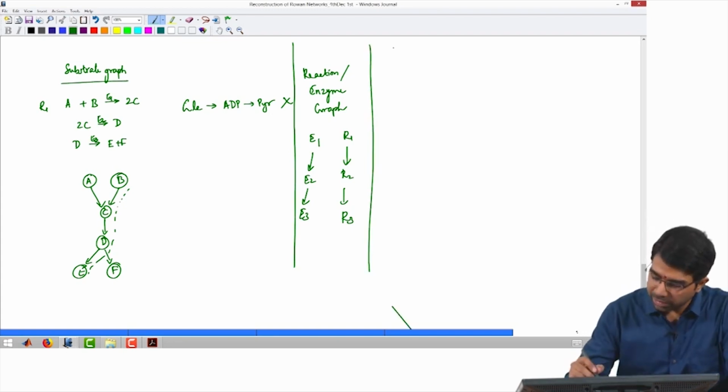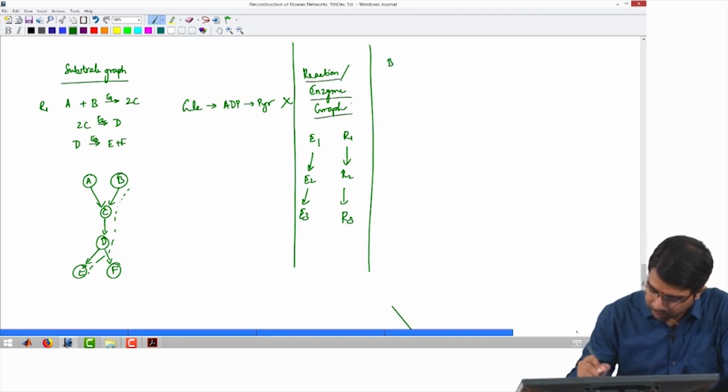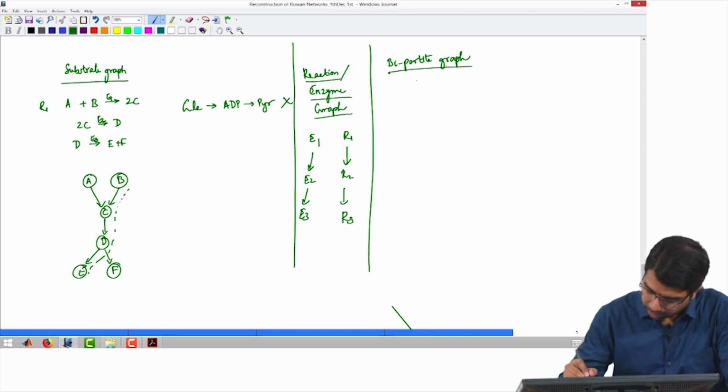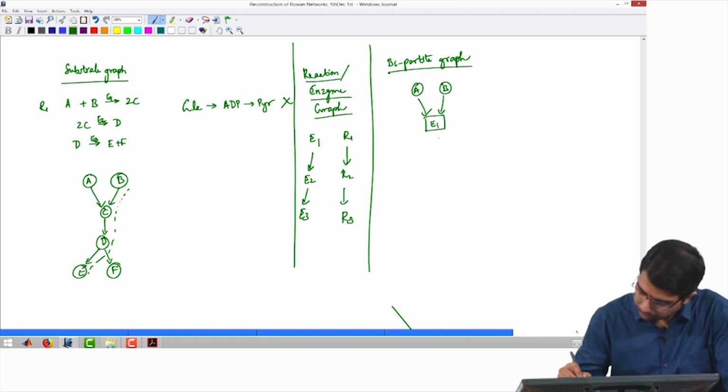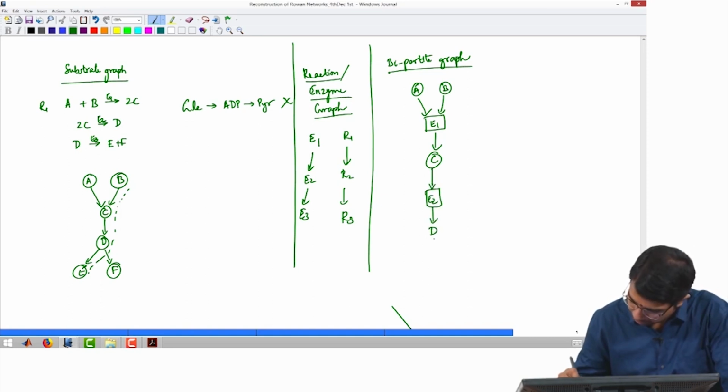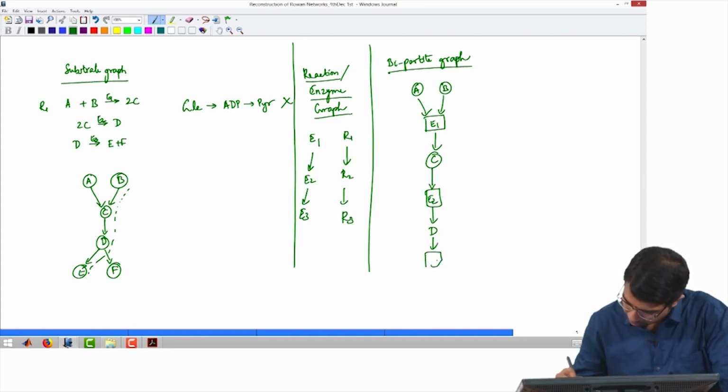And the more informative way to represent these is a bipartite graph, where you have A, B, E1 or R1, C, E2, D, E3.